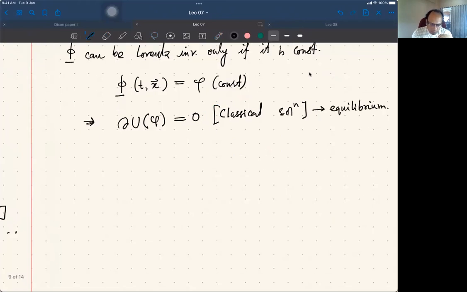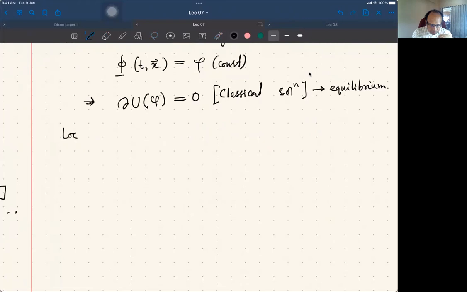If it's a local minimum, that means the double derivative of u at that value of phi is greater than 0, then it's a local minimum, and that means it's a stable equilibrium.